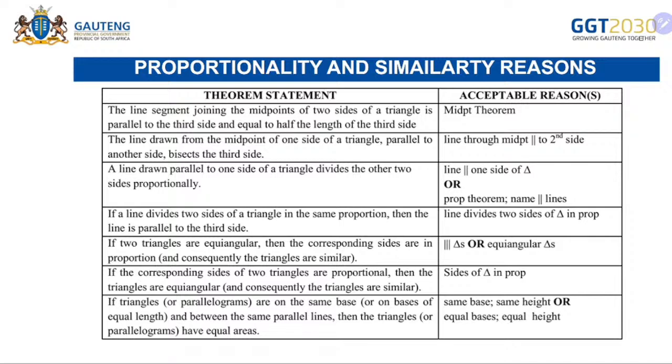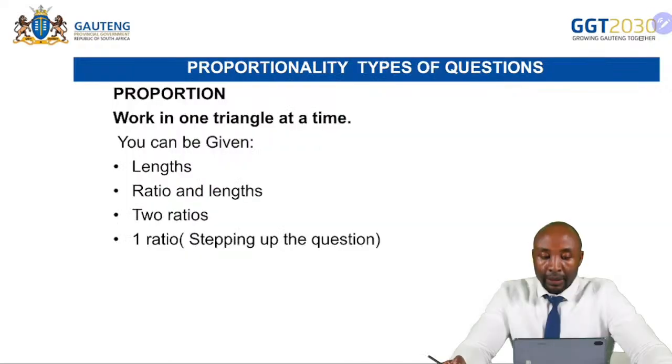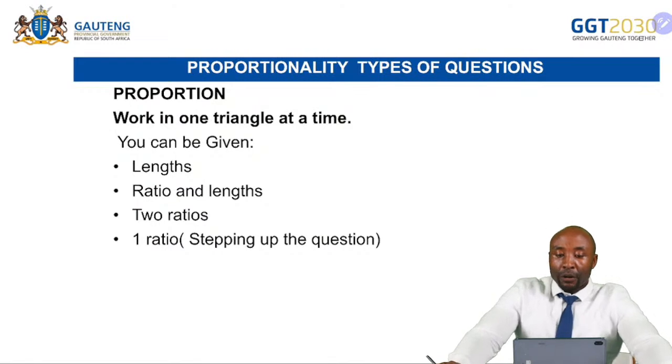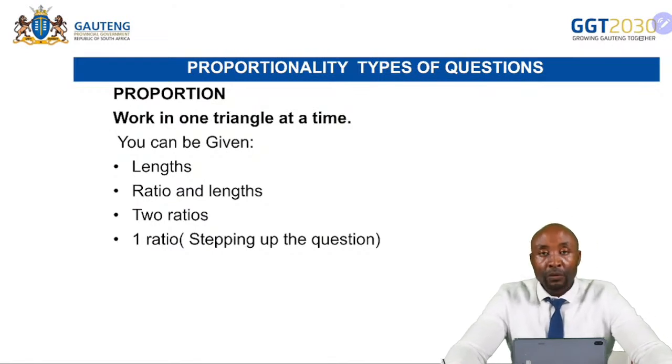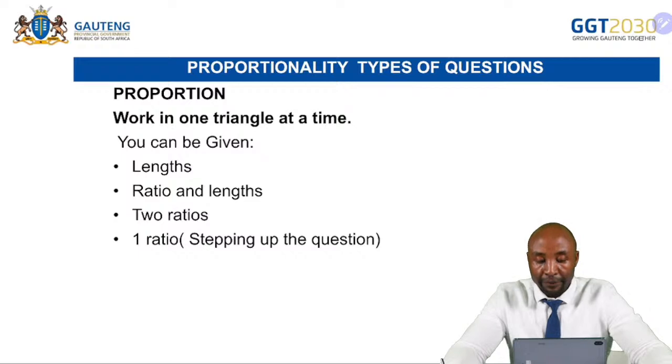If triangles or parallelograms are on the same base and between parallel lines, then the triangles have equal areas. This is what we use for our proof of the proportionality theorem. Now, for proportionality theorem questions, we have this to help us in answering the questions.